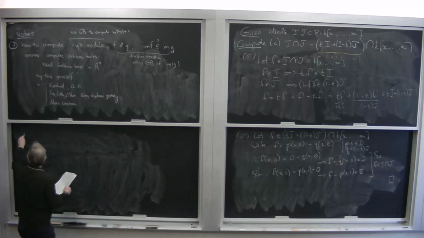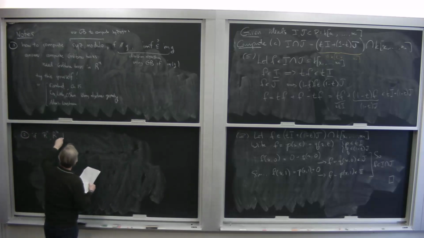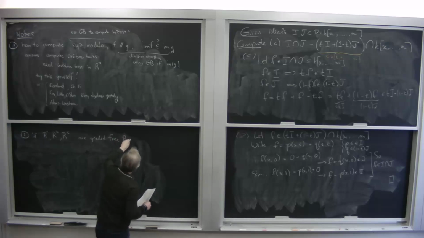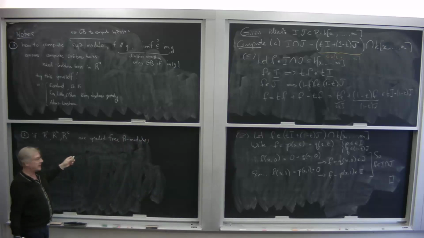So, second note: suppose R to the A, R to the B, and R to the C, the ones we had above, are graded free modules. What does it mean to be graded free? Free means it's this, but it now has a grading on it.